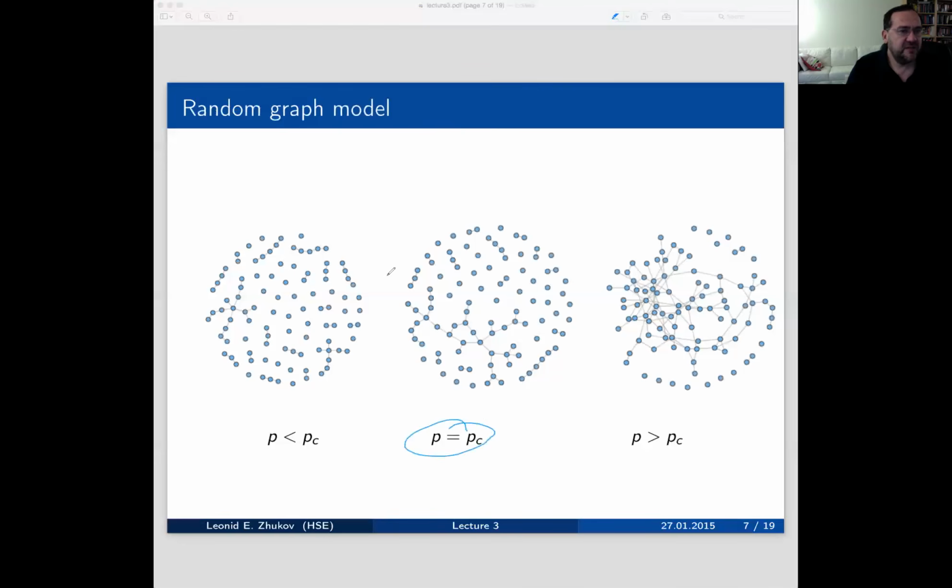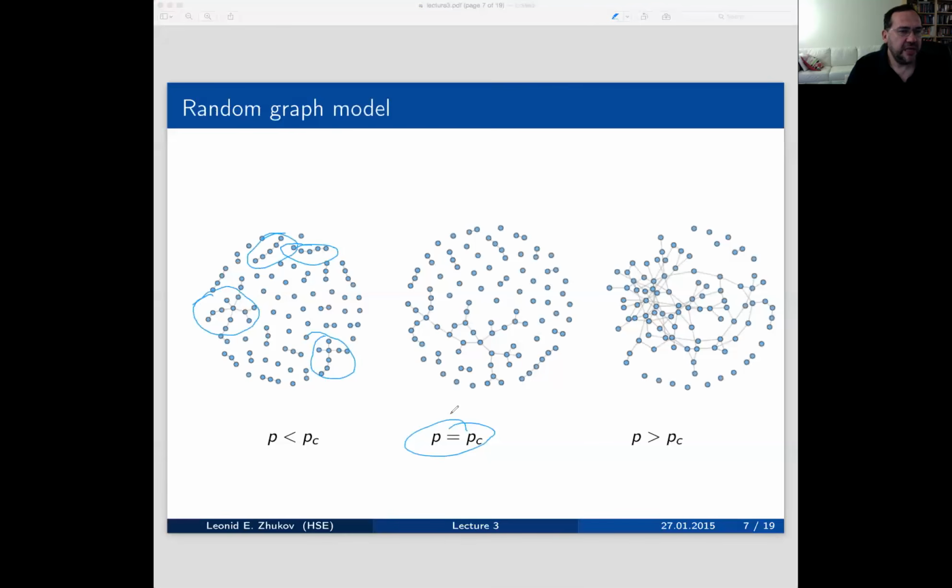But intuitively, the idea is the following. If you look at these pictures, you will see that when p is less than critical, we have pieces here that are connected, some nodes connected here, some connection there. Then when we're getting closer to the critical value, they start connecting.